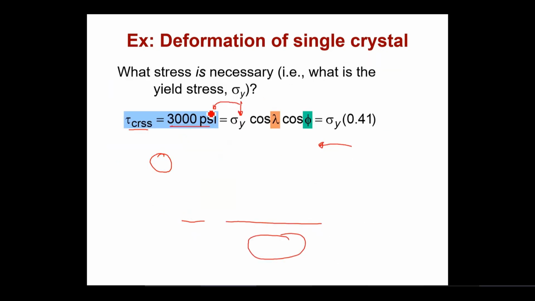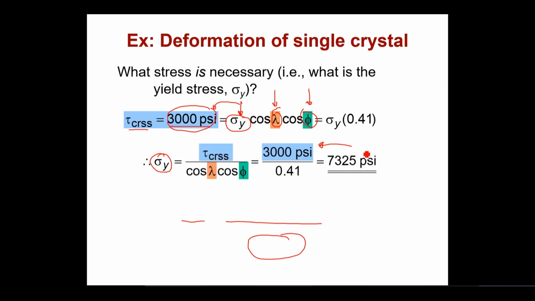So this is the critical resolved value. For this critical resolved value, you already know the value of lambda and phi. So for this direction and this plane angle, the stress that is required, you will find out that stress. That stress comes out to be 7325 psi.